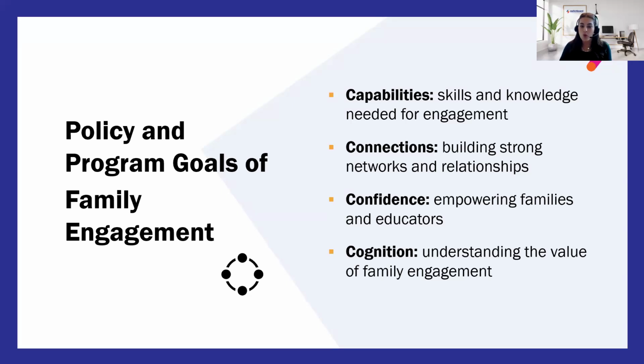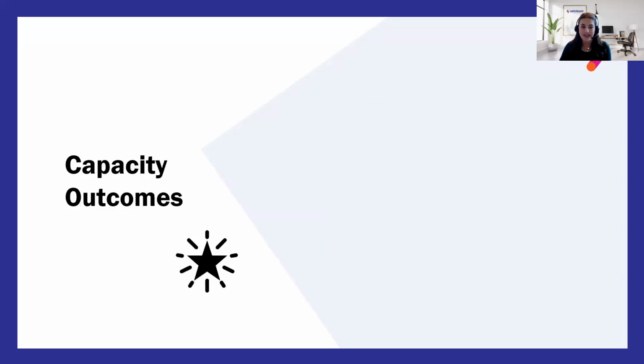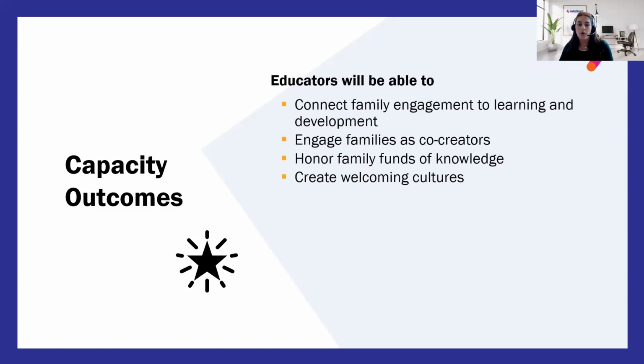So the goal is for these four C's to be met, right? And so, capacity outcomes. Last but not least, if a school partnership is following the dual capacity framework model and things go as planned, it leads to successful family and school partnerships where both educators and families feel empowered and connected to the learning, right?